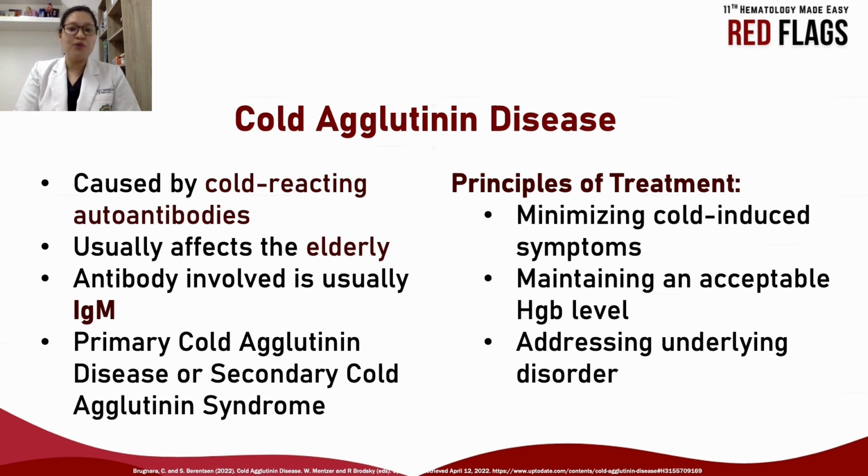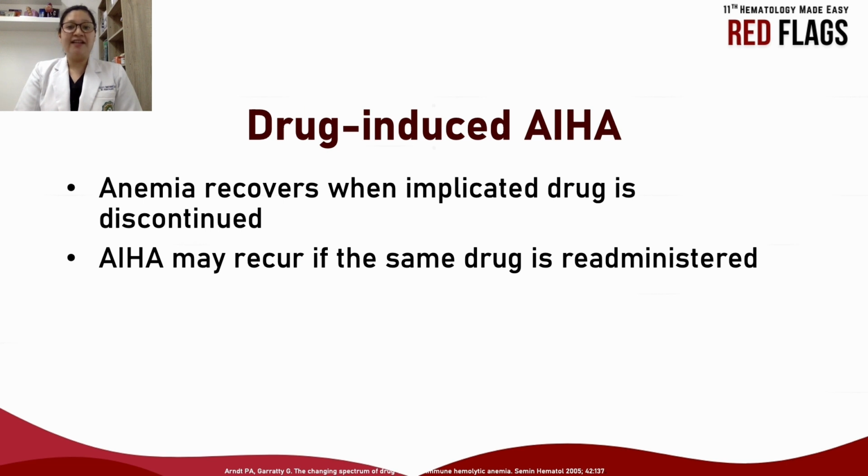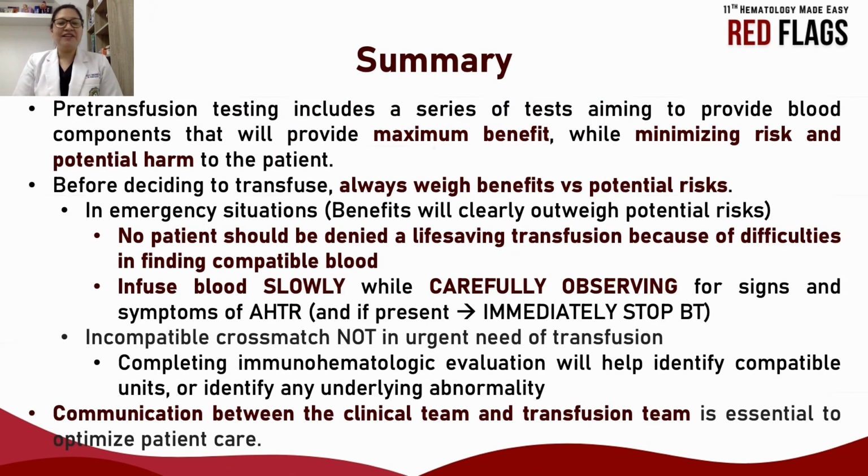But for those who do, treatment is directed at, first, minimizing cold-induced symptoms, second, maintaining an acceptable hemoglobin level, and if required, third, addressing underlying disorders. In drug-induced IHA, the anemia recovers when the implicated drug is discontinued and may recur if the same drug is re-administered.